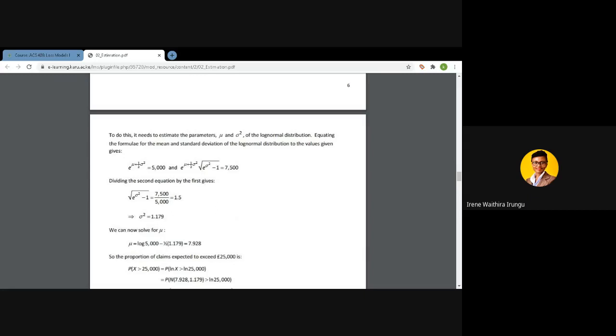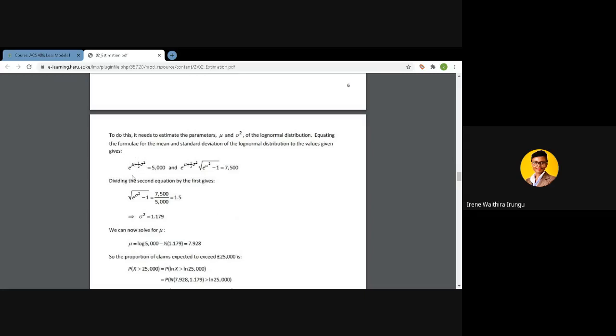1.179. And once you have this unknown, then you can use the first equation to solve for the other unknown, which is mu. If you want to make mu the subject here, it means you need to take the natural log on both ends of the equation. Once you take the natural log on both ends, you can make mu the subject.